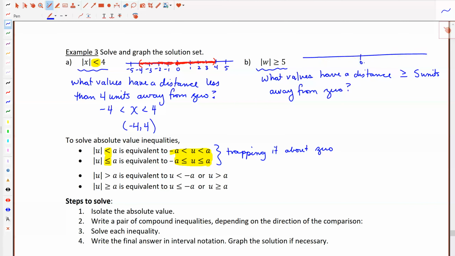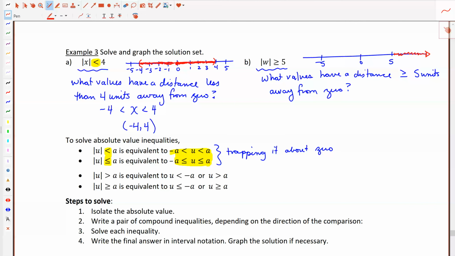Okay, so here's 0. And the distance that's in question here is this 5 units away. So I can go 5 units away to the right or 5 units away to the left. And I'm looking for a distance specifically greater than 5 units away from 0. So with respect to 0, I've got to be more than 5 units away. Well, if I want to be more than 5 units away on the right, that'll be this stuff out here.